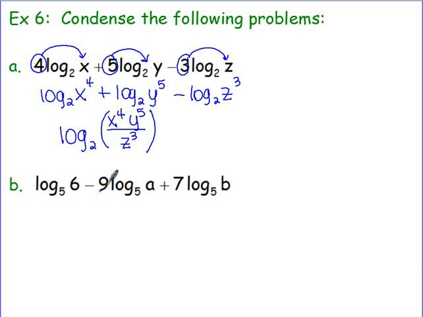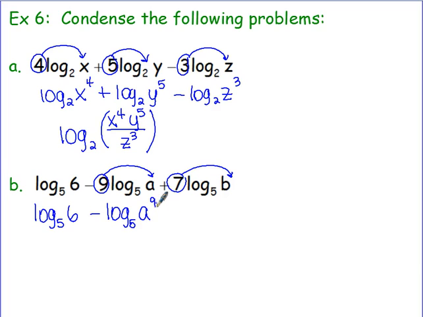No number here. There's a 9. And there's a 7. So log base 5 of 6 minus log base 5 of a to the 9th plus log base 5 of b to the 7th. Now we need to put them all back together as one log with a base of 5, parentheses.